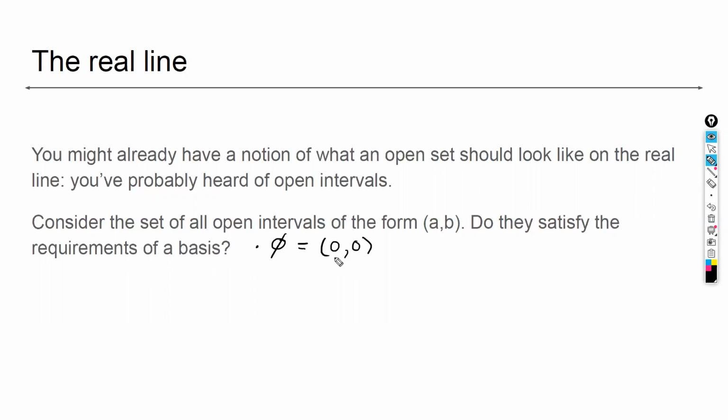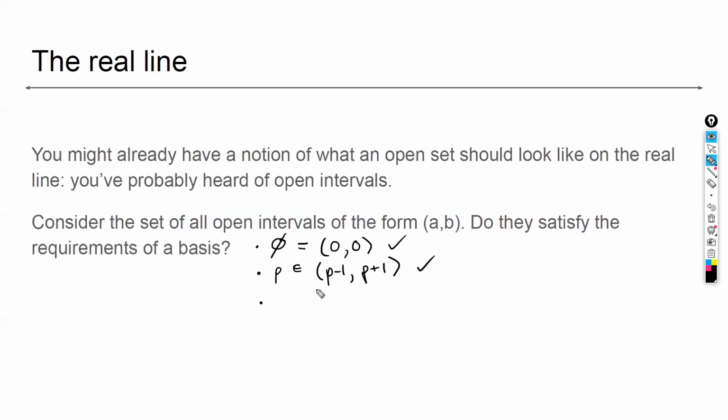I hope you'll agree that this interval contains 0 elements and therefore is the empty set. So that one's done, we're good. The next axiom I need to check is that every point is contained in an open interval, and that's easy too. If I have the point p, then that's going to be contained in the interval (p minus 1, p plus 1). Great, so we're done there as well.